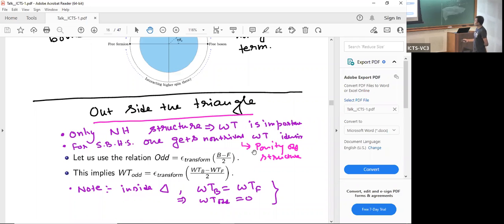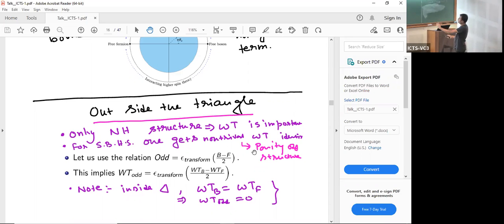So the Ward identity for the parity odd structure is the epsilon transformation of the free boson and free fermion Ward identity, this subtracted version. As you can see, inside the triangle, the Ward identities for boson and fermion are identical, so this is just 0. That's why the parity odd stuff is a homogeneous structure inside the triangle. But outside the triangle, these are not the same, so you will get something.